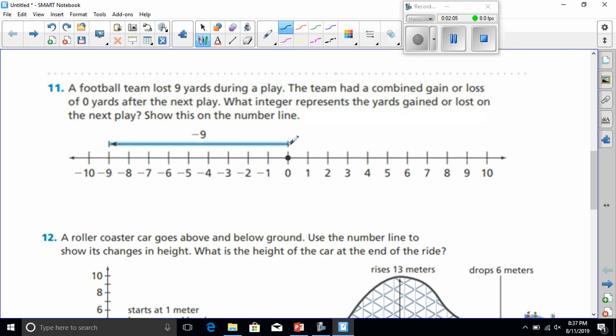If they went to 0, the next play would have been a positive 9. So we're going to go with positive 9 yards. And if we were to show this on the number line, we would show it as an arrow going this way, back to 0, positive 9.